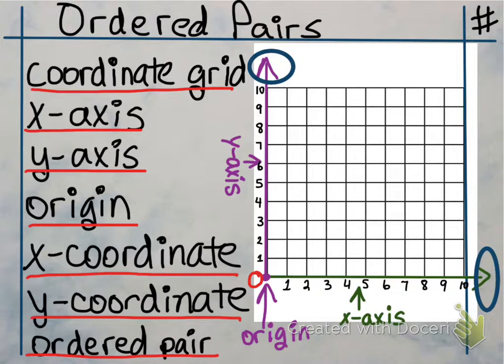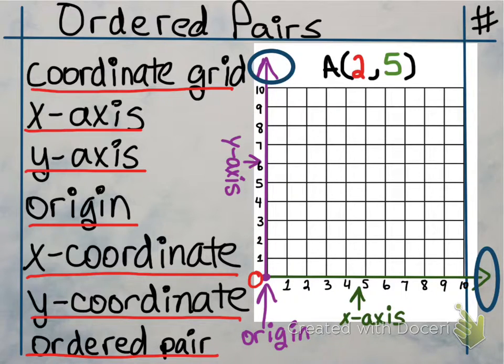Let's say that we want to find an ordered pair that we will call A, and let's say that A is the ordered pair 2, 5.